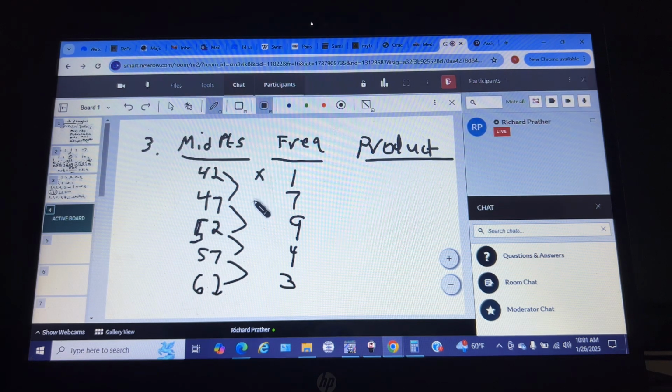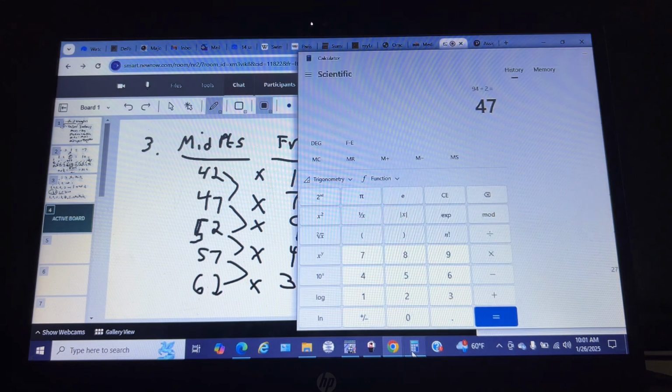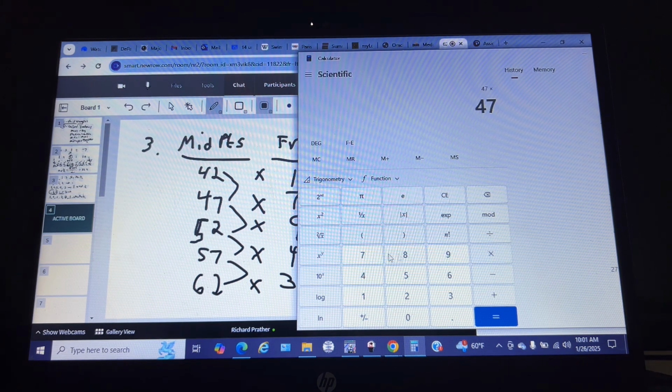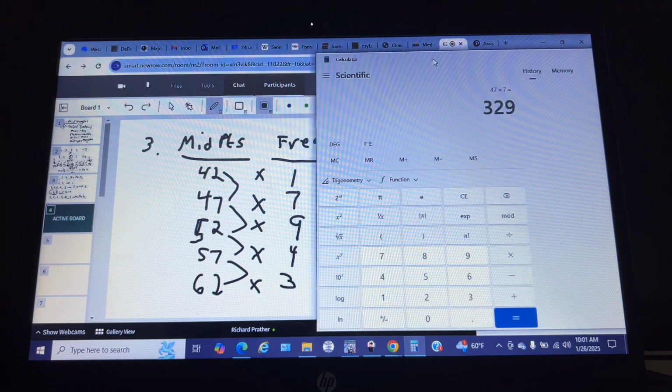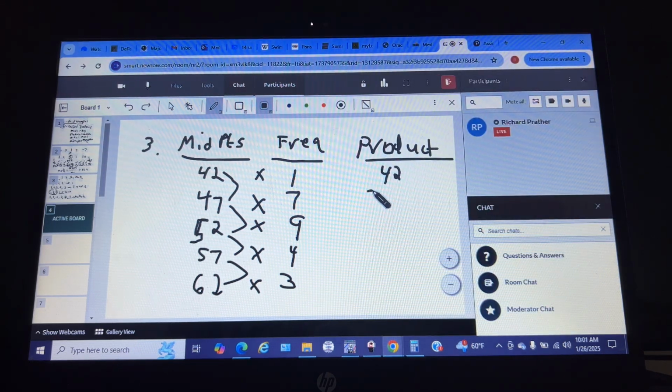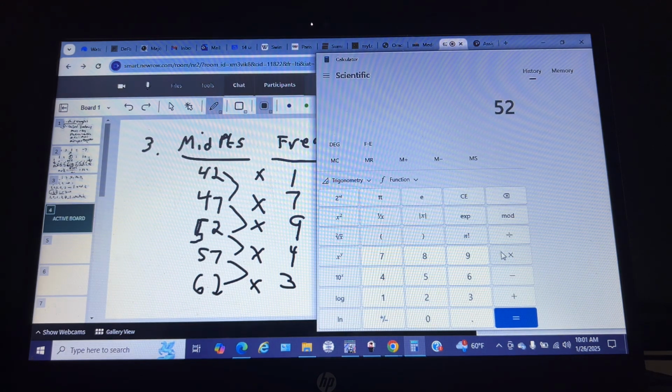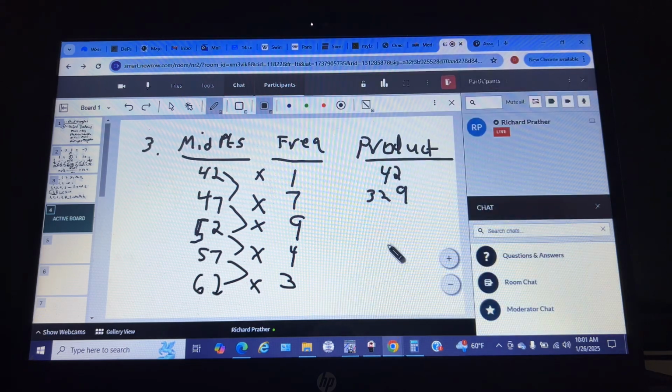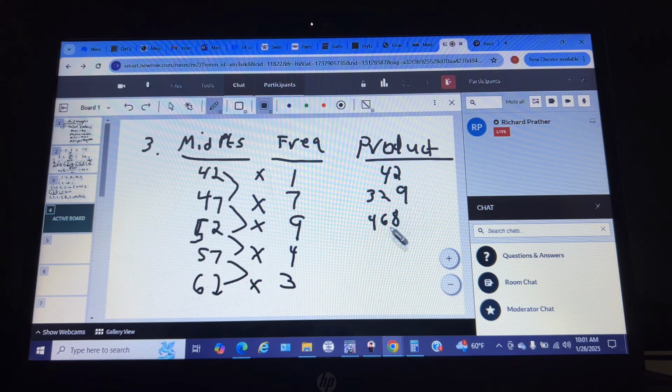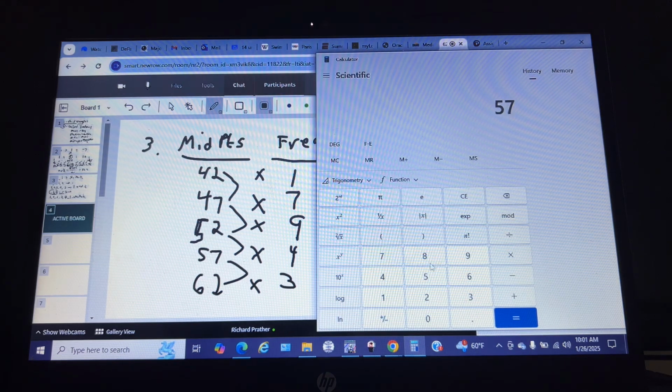Just multiply straight across. If all 7 of the second one are 47, well then 7 times 47 is what it would actually add up to if I knew every single one of them. So 1 times 42 is 42. 47 times 7 is 329. 52 times 9 is 468. 57 times 4, 228.